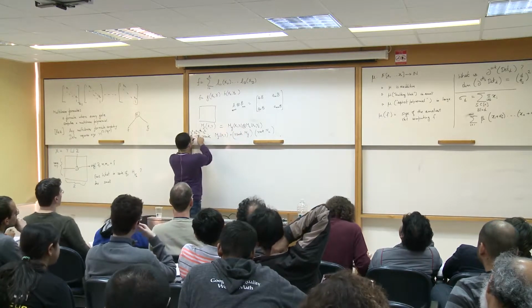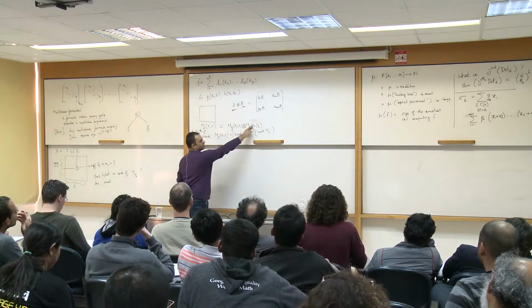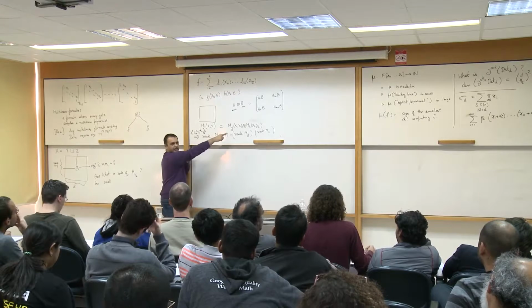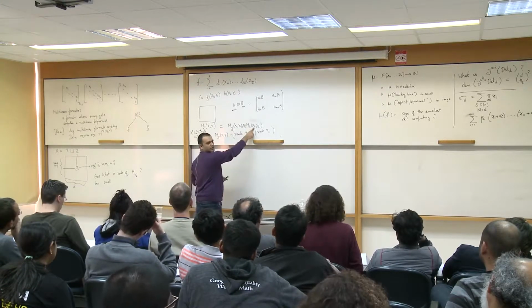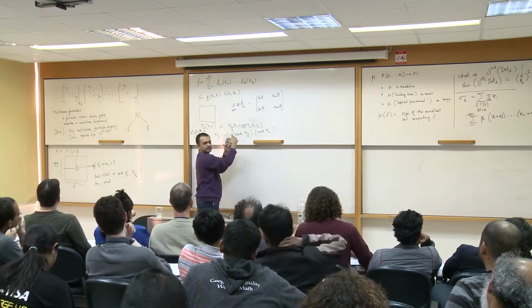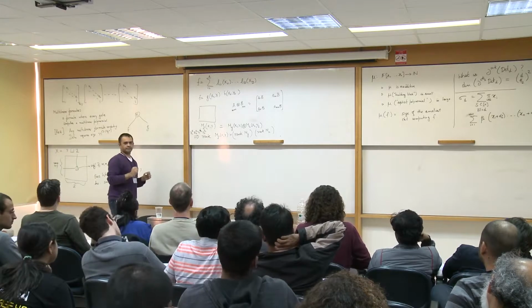You have to take the corresponding monomial x1 to the e1, y1 to the d1 from here, and multiply that with the corresponding monomial from the other one. That corresponds to one entry of this matrix times one entry of that matrix, which is why you get the tensor product.